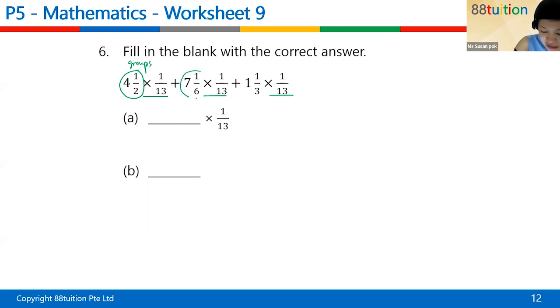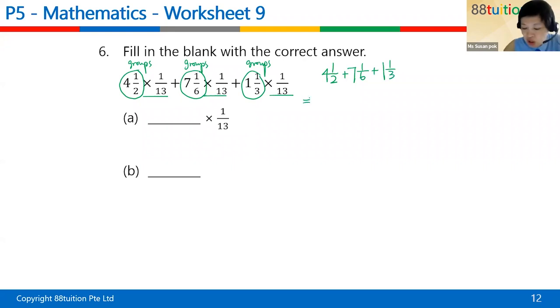I have another 7 and 1/6 groups. And I have 1 whole and 1/3 groups. So in total, how many groups of 1/13 are there? Very simple. All I need to do is add up the groups only. So I have 4.5, 7 and 1/6, 1 and 1/3.